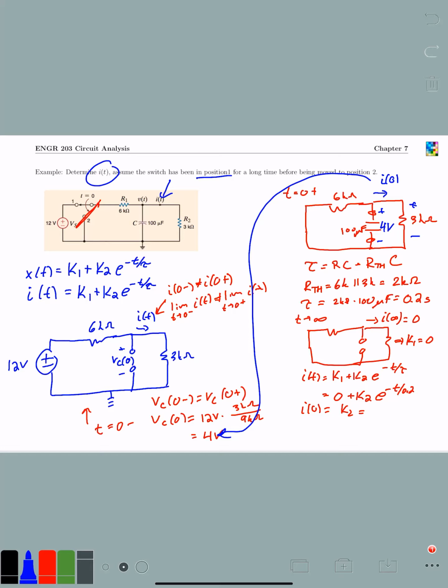And so by Ohm's law, the initial current, I of 0, is going to be the voltage divided by the 3 kiloohms. And so my K2 is going to be 4/3 milliamps. And so the final answer then is I of t is 4/3 e to the negative t over 0.2, and my units are milliamps.